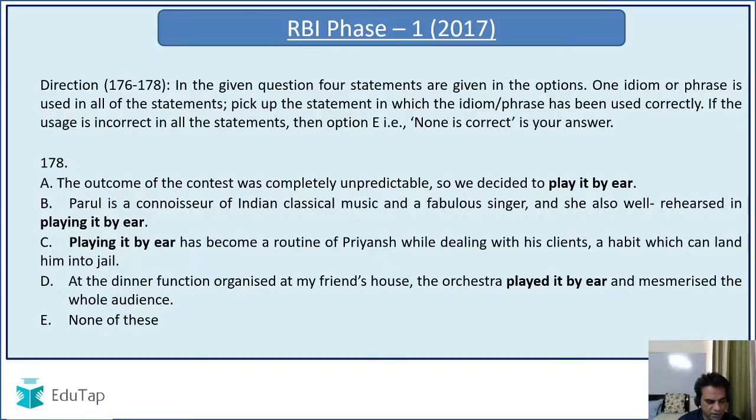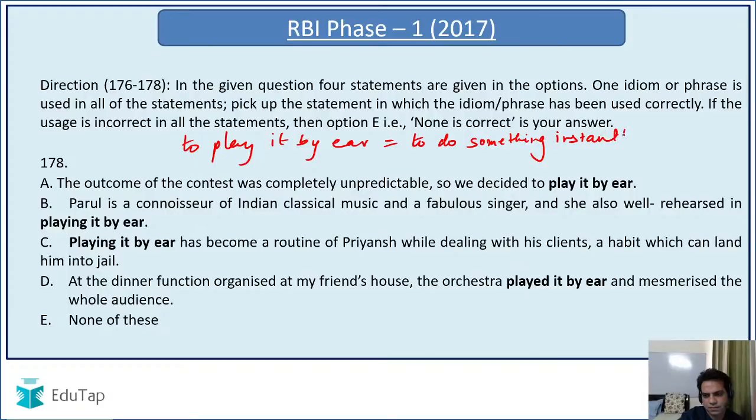So just turn your mobile to horizontal and you'll be able to see this. So playing it by ear. To play it by ear means to do something instantly and not planned.